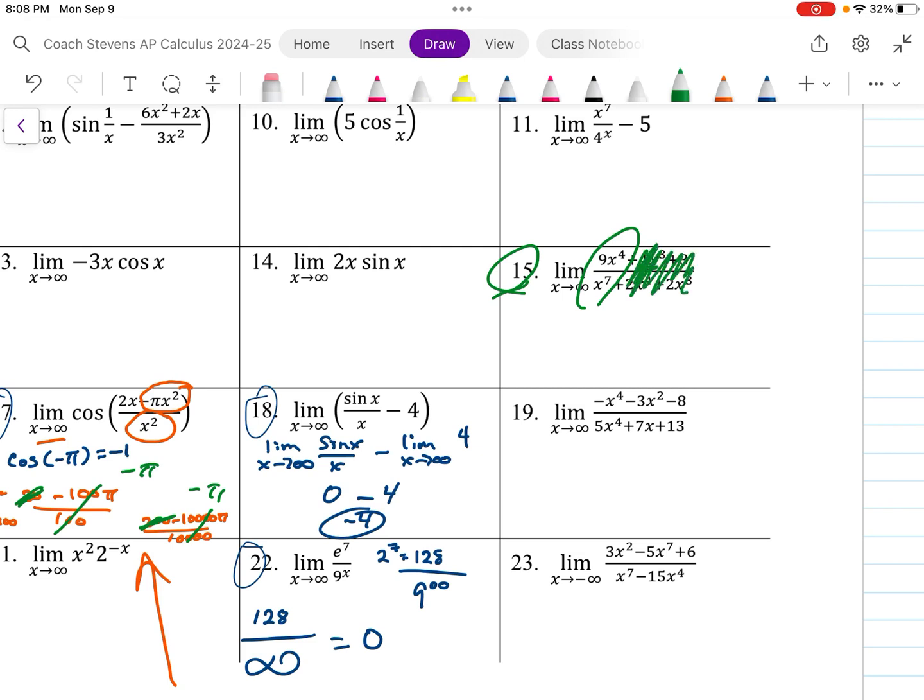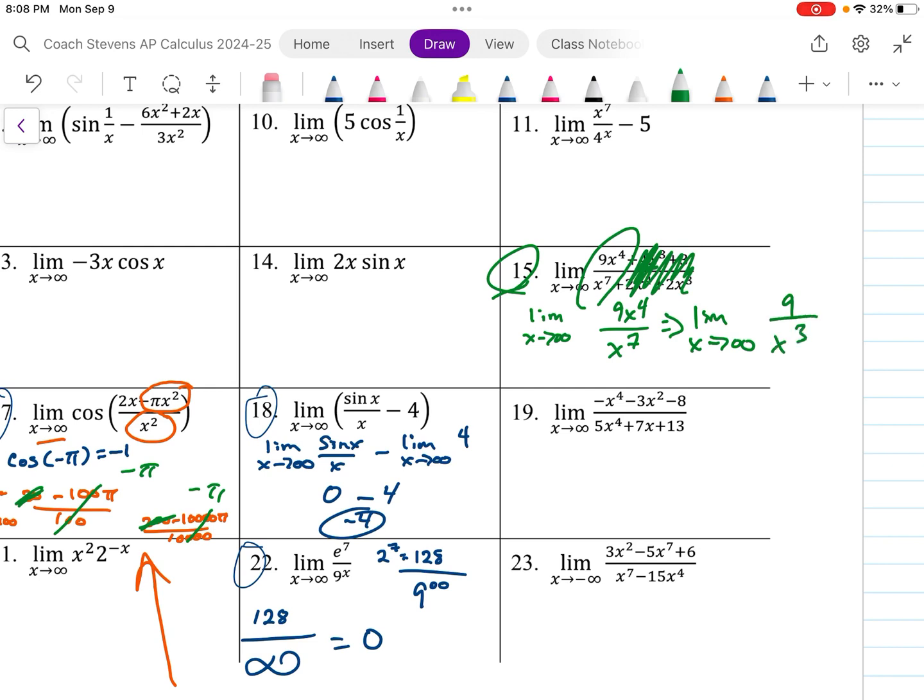And as I refocus this, I have the limit as x goes to infinity of 9x to the fourth over x to the seventh. When I look at this, the bottom grows a lot faster than the top. We can just reduce this to the limit as x goes to infinity of 9 over x cubed.